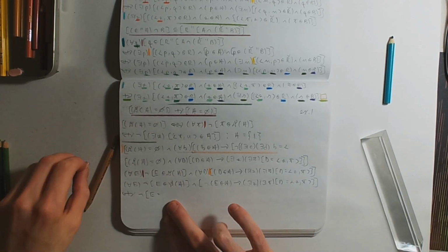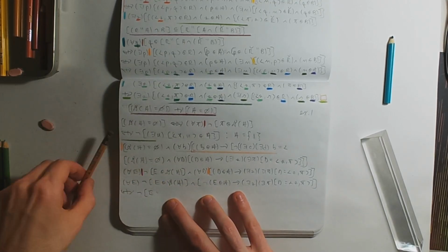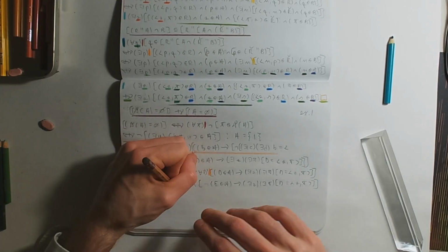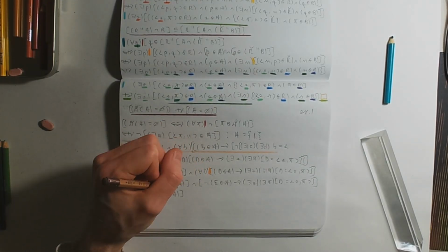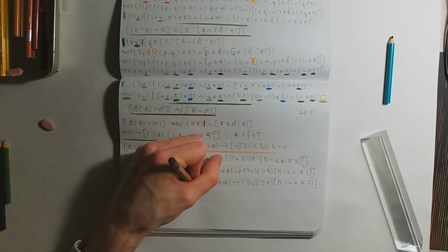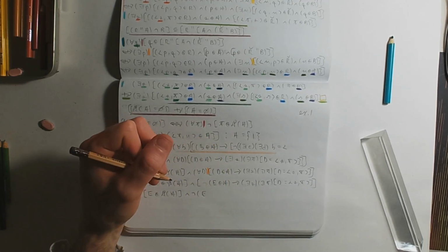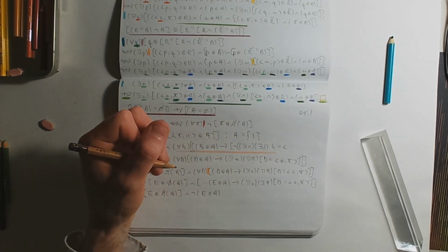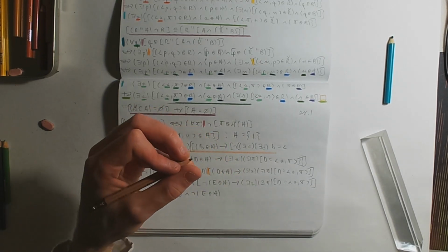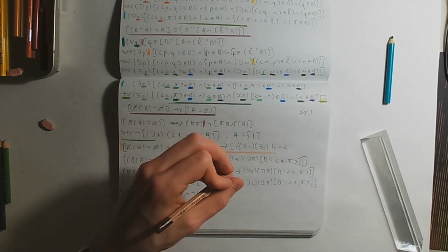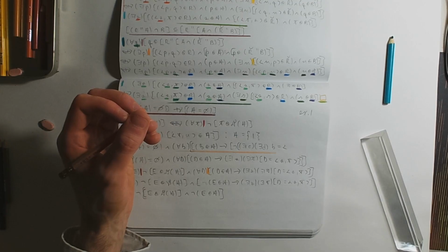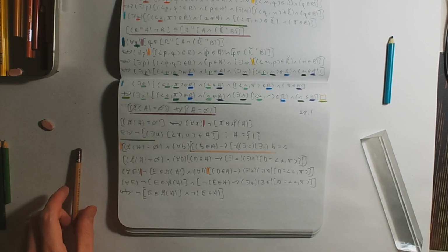E is an element of the domain of A, and not E is an element of A. That doesn't make sense.